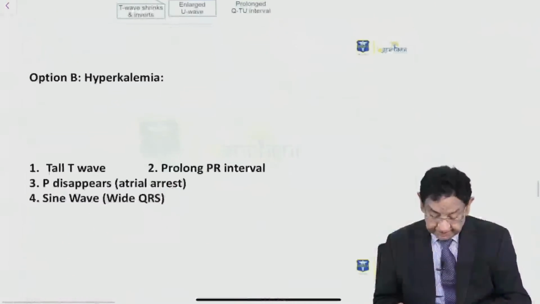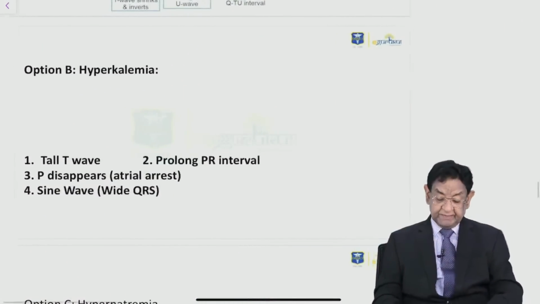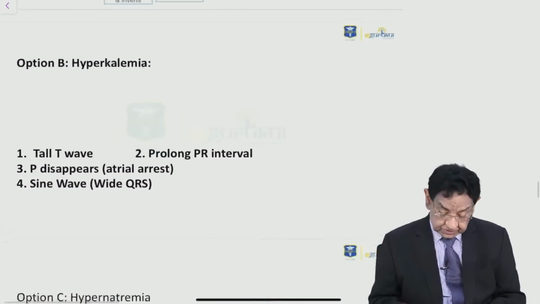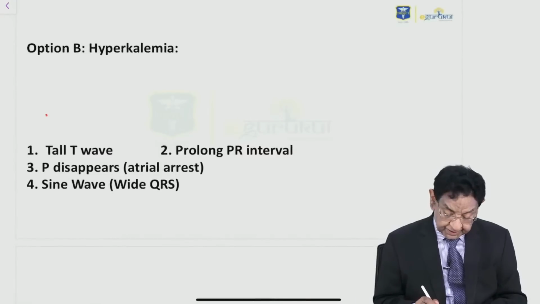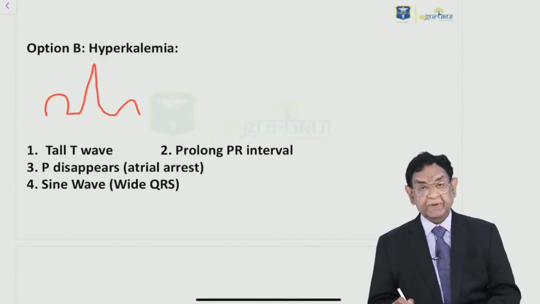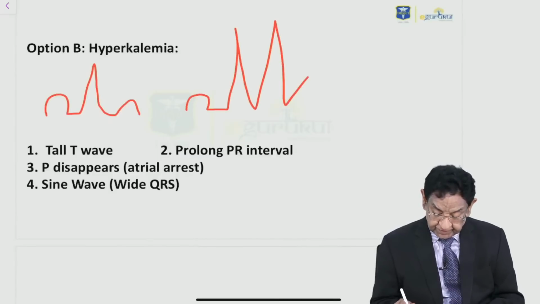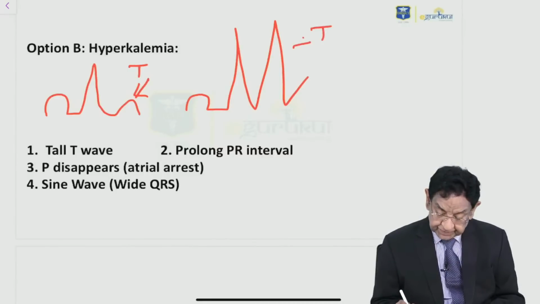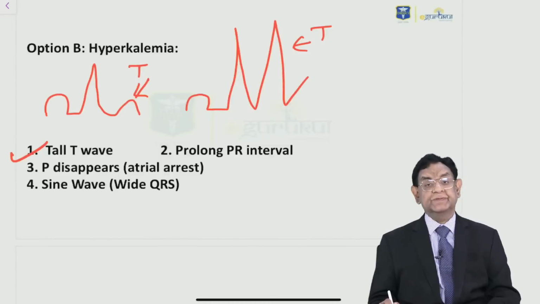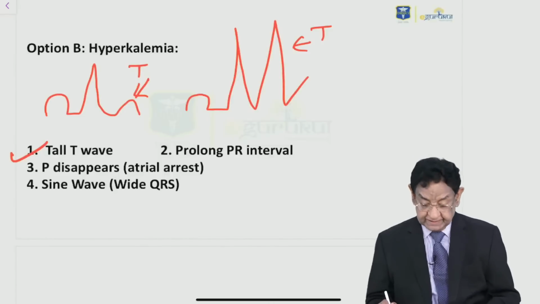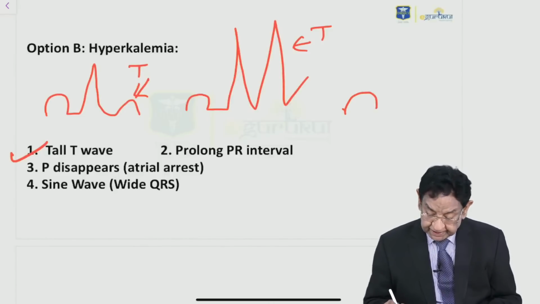Now let me tell you what happens in hyperkalemia. This is a normal recording. When hyperkalemia occurs, the first finding is a tall T wave. Then comes the prolonged PR interval.